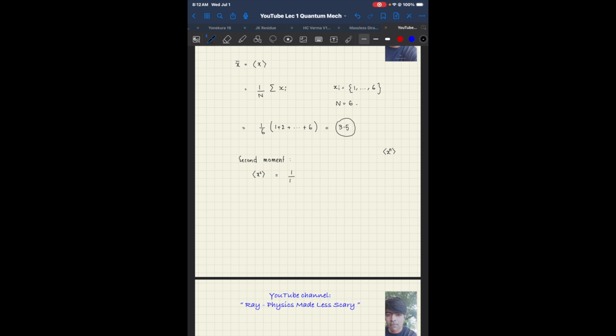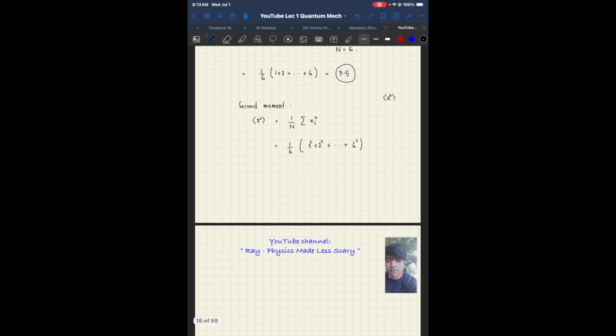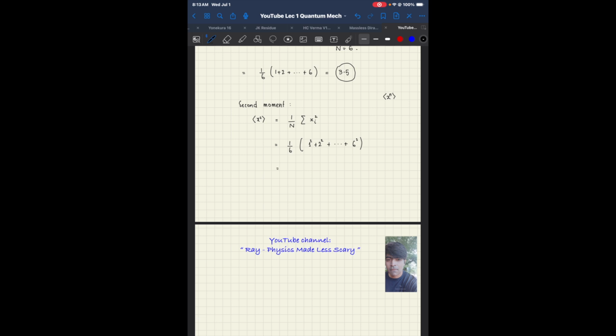So it should be 1 by n summation xi square, which in our context means 1 square plus 2 square plus dot dot dot 6 square, which you can calculate and show that this is actually 15.17, right?